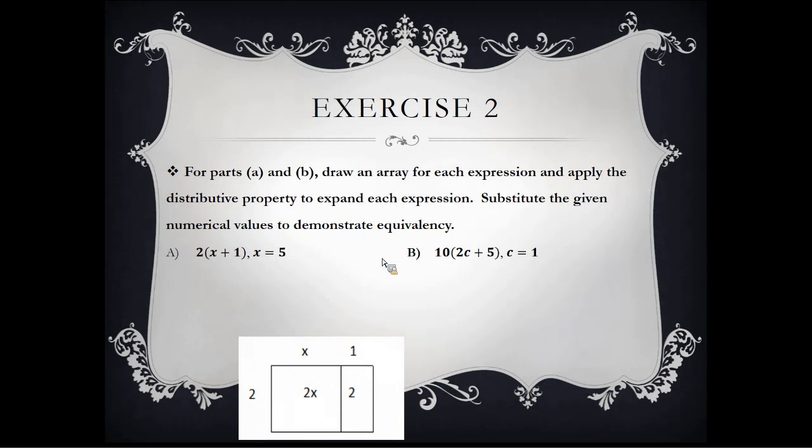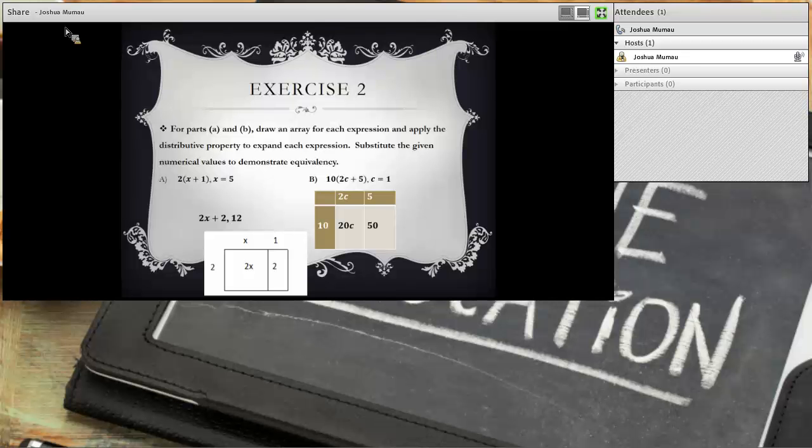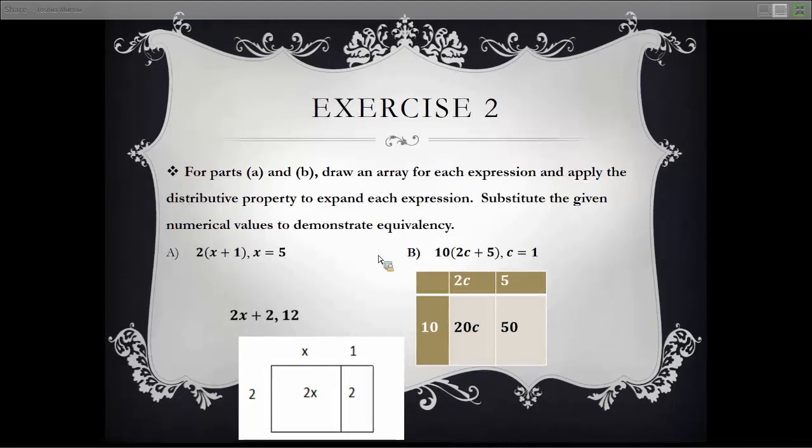So we now have 2x plus 2. And if we were to plug in 5 for x, we have 2 times 5 plus 2 equals 12.